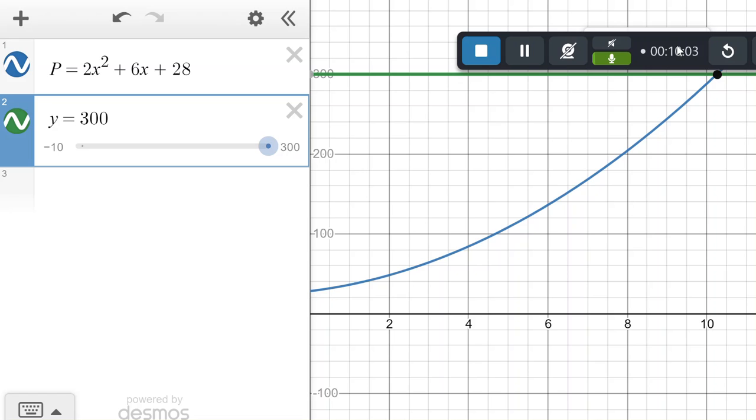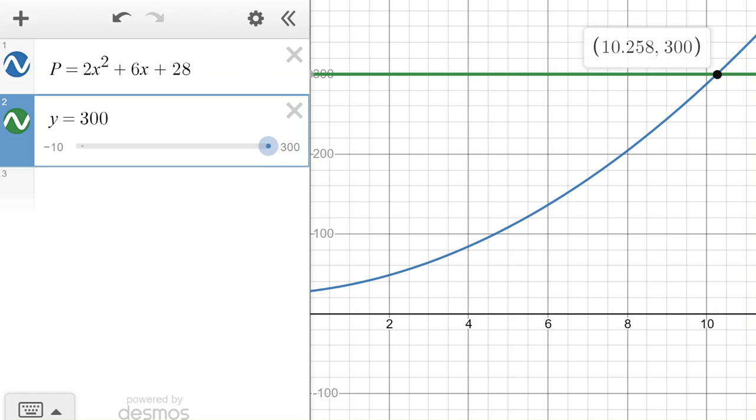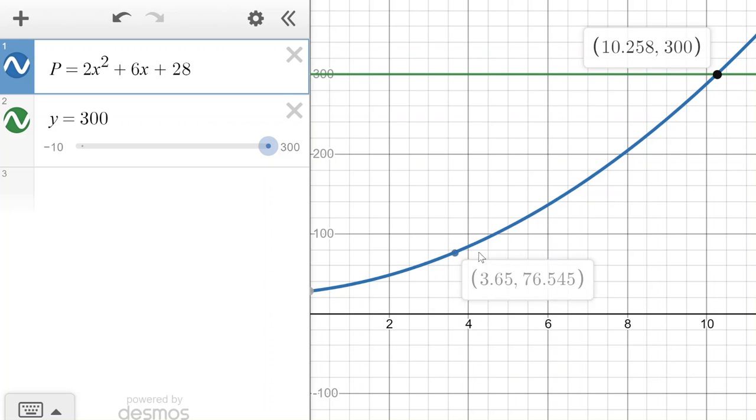Okay, so here's the graph of the parabola. Notice that as we get up to this point, this point has very specific coordinates: 10.258 comma 300. So the y coordinate, or in this case the p coordinate, is 300. So when p equals 300, the x coordinate is 10.258.